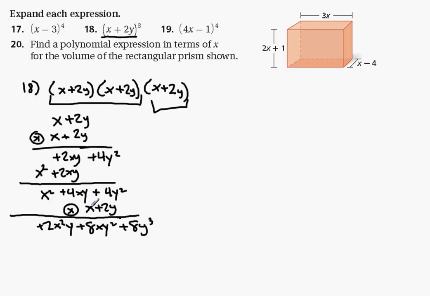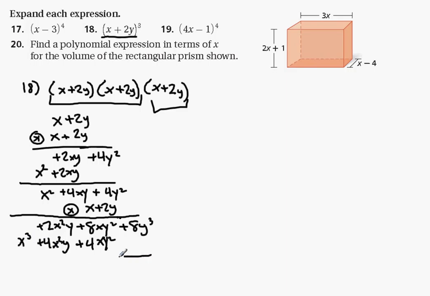Moving over a term, I have x times 4y squared is 4xy squared, positive. x times 4xy is positive 4x squared y. And x times x squared is x cubed.